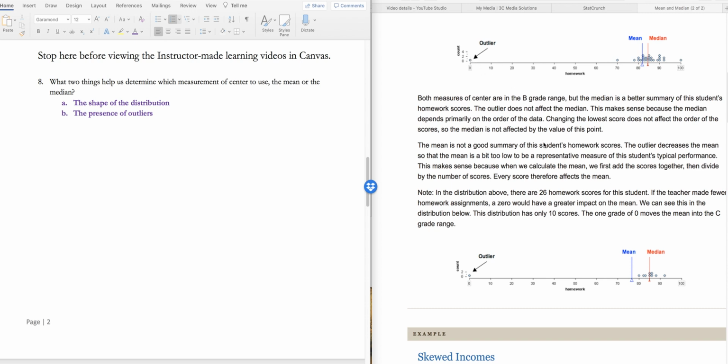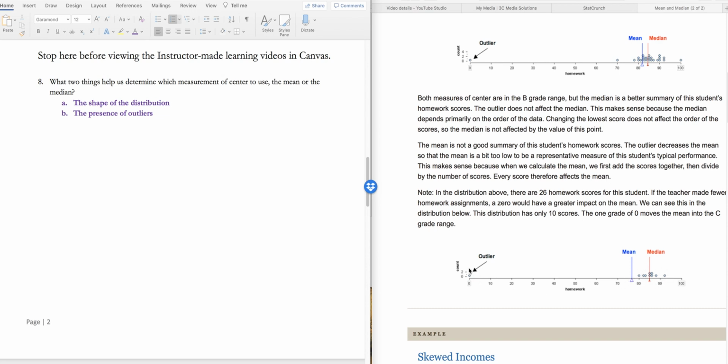So if we have an outlier in a data set, then the median is going to be our better measure of center. Take a note down here though, this data set is very similar, except it's got a lot fewer data values.